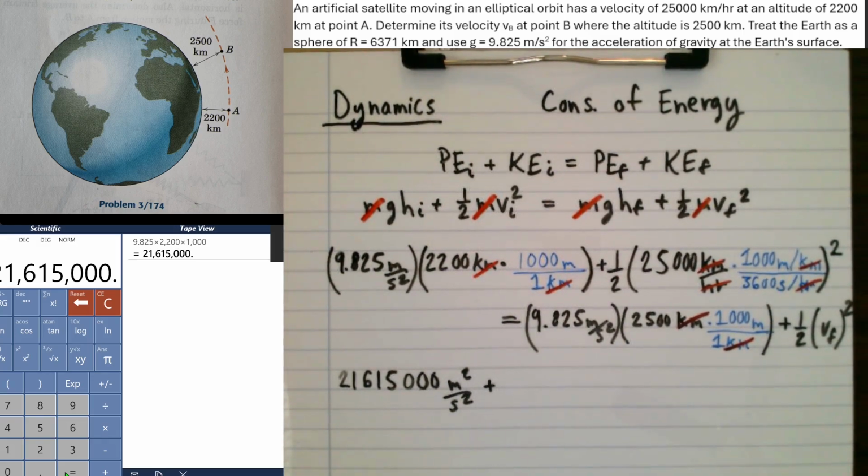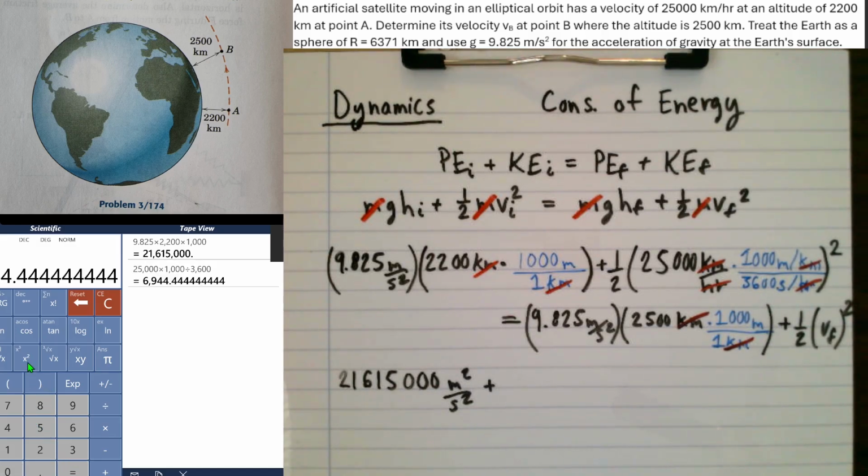Plus, we're now going to multiply the second term, and for that we have 25,000 times 1,000 divided by 3,600, which we have here.